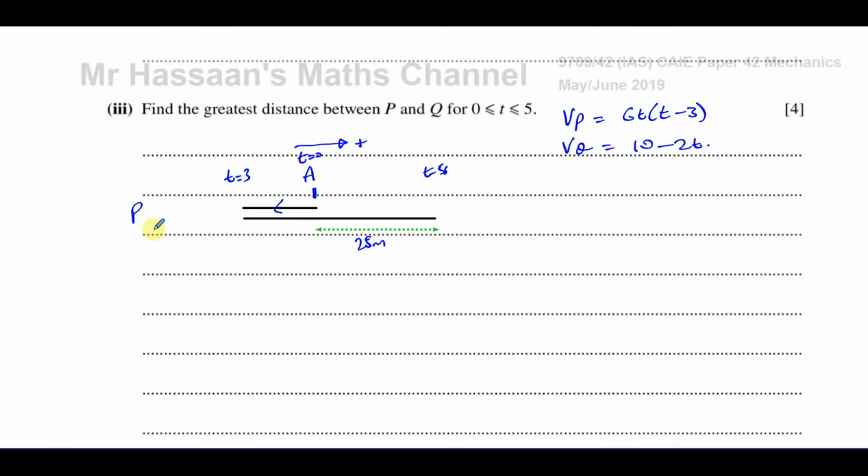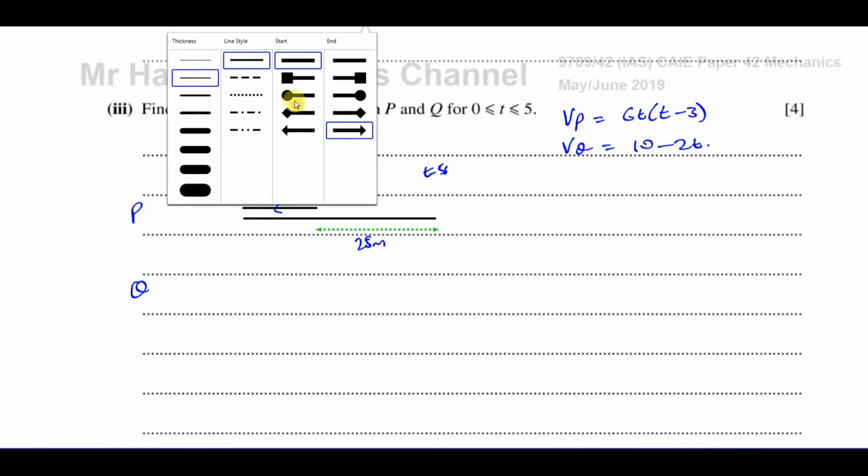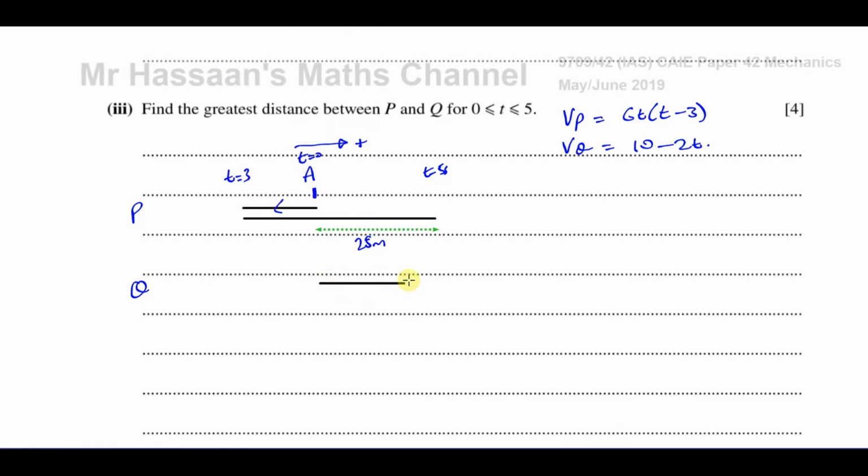That was P. As for Q, it started off at A and basically just went in this direction, 25 meters in one direction.